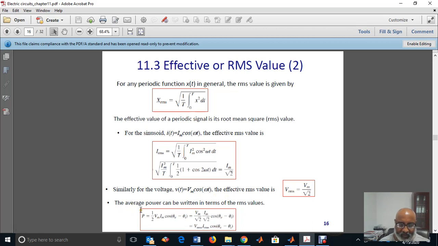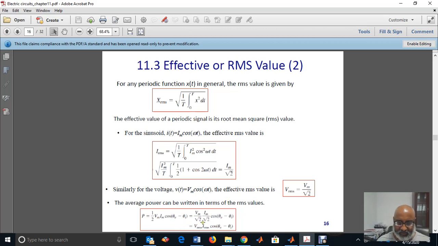Now, in the previous lecture, when we talked about the power, what did we say? Power is 1 over 2 Vm, the peak value of the voltage, Im, the peak value of the current, cosine of theta V minus theta I. So theta V minus theta I is the angle difference between the voltage and the current, as you know.